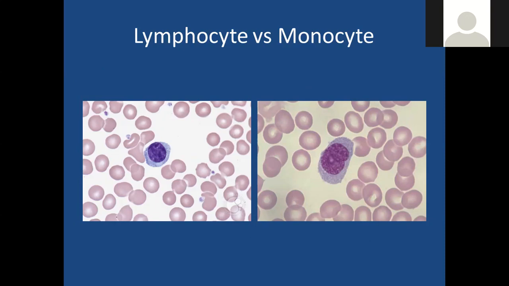So this one is your monocyte. And what is this cell? That's your lymphocyte. Look at that nucleus clumping. That is a dead giveaway. You might have a little trouble at first differentiating lymphocyte from monocyte, but once you get that nucleus clumping down for the lymphocyte, you'll be good.